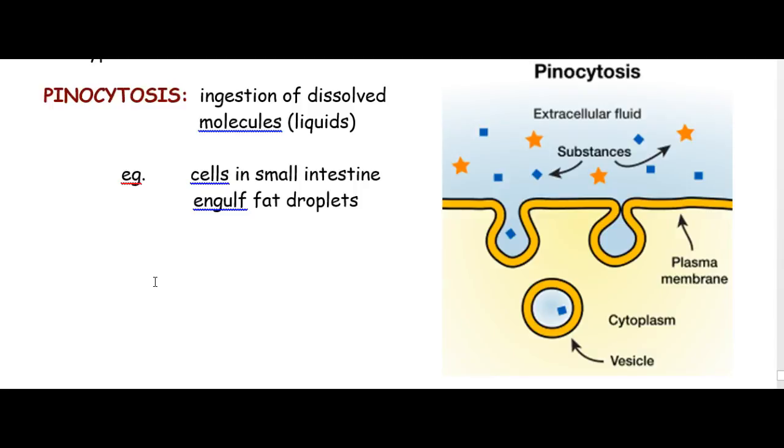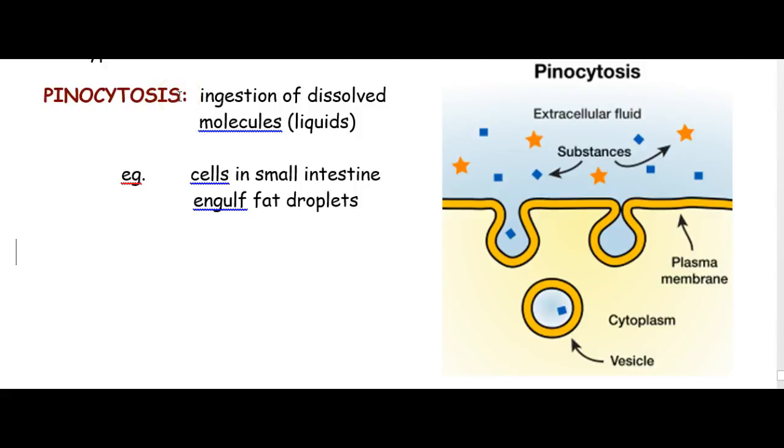When we talk about materials being ingested by the cell, we can further break down endocytosis into two processes. In both cases you're taking materials in, but we have different names for the processes based on what is being engulfed by the cell. The first is pinocytosis.